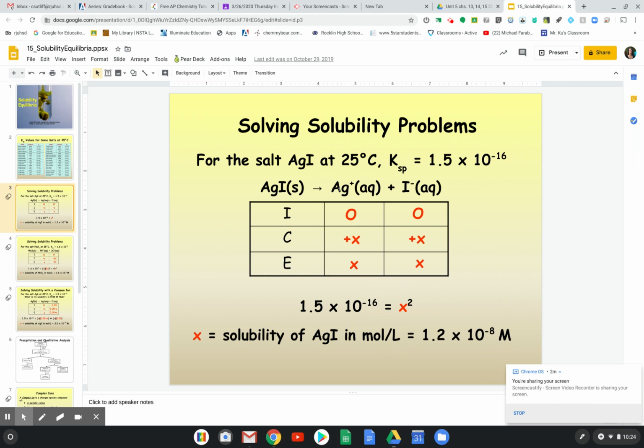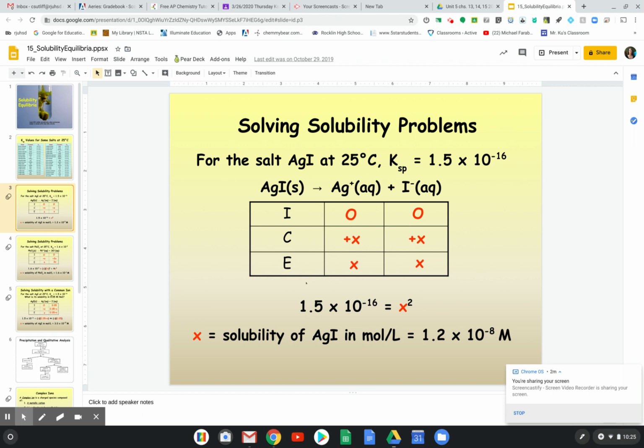You don't know what that is, so that amount is labeled as X. It is the solubility of silver iodide in concentration. And you know you're going to get some of the iodide ion in concentration. So at equilibrium, you add the I and the C together. So 0 plus X gives you X in both of those cases.